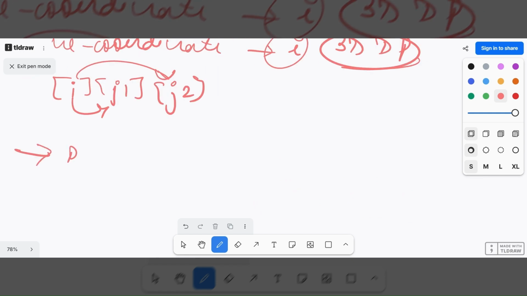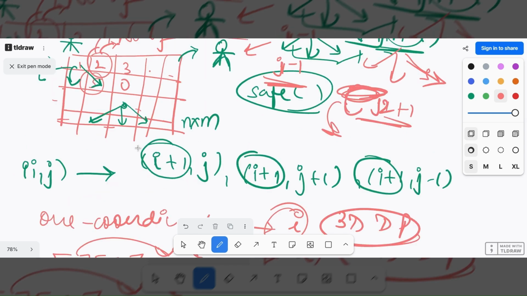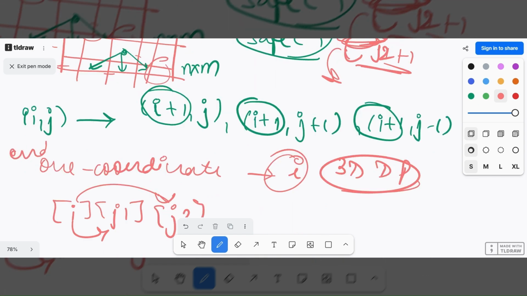Now for the base condition, there are no fixed conditions given, like you have to go from here to here only. No end positions are given, not even an I coordinate or a J coordinate. You just have to pick up the numbers and it should be maximized. All numbers are positive, because there are no negative cherries. It could be zero, but not negative.